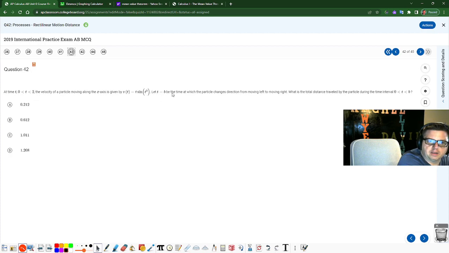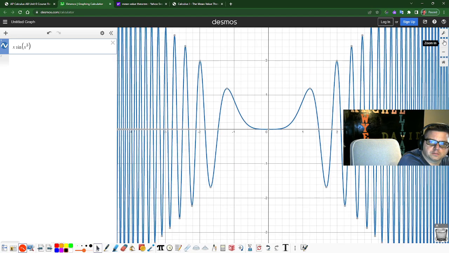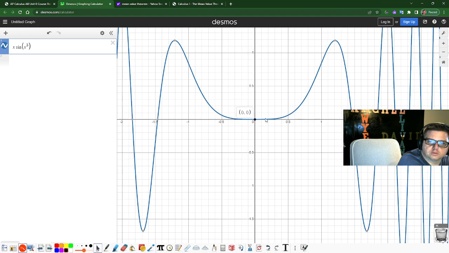Let t of b be the time at which the particle changes directions from moving left to moving right. So from 0 to 2, from 0 to 1.5, it's moving to the right.